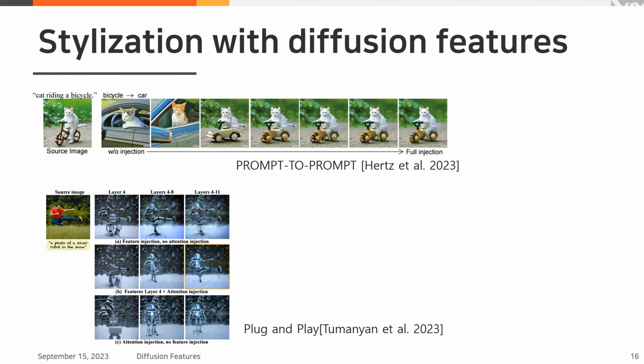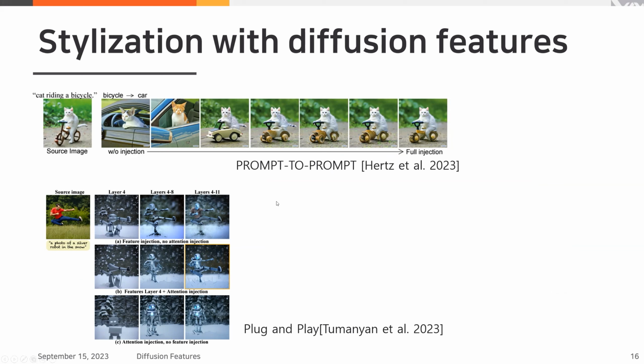However, one more consideration is needed. At what time step do we replace the features? In Prompt-to-Prompt, if we change the features at all time steps, it tries to follow the source image too much so that it cannot maintain the prompt.